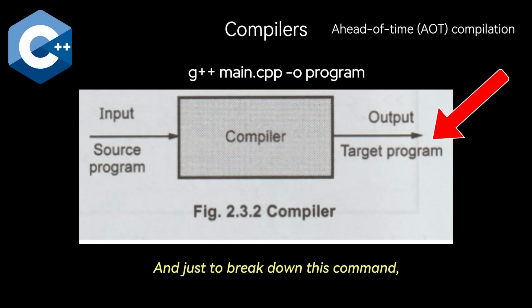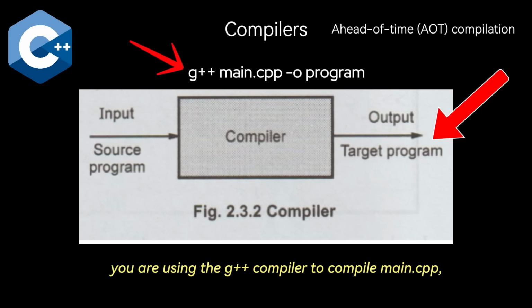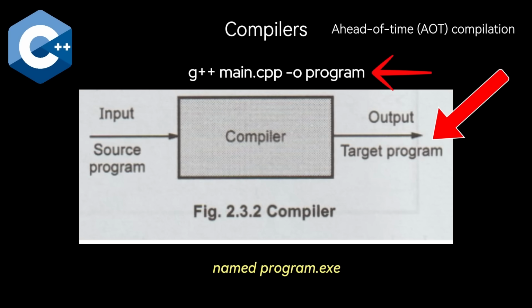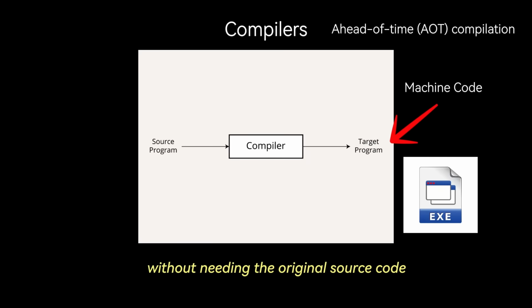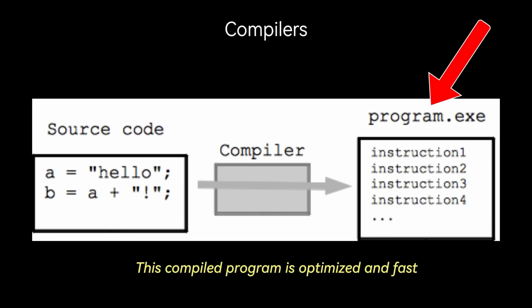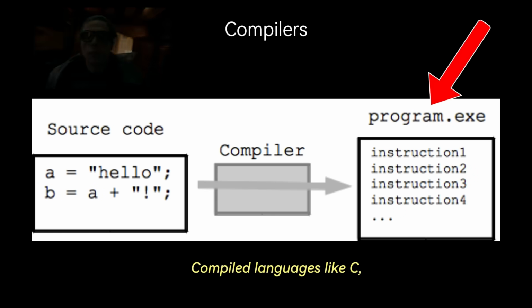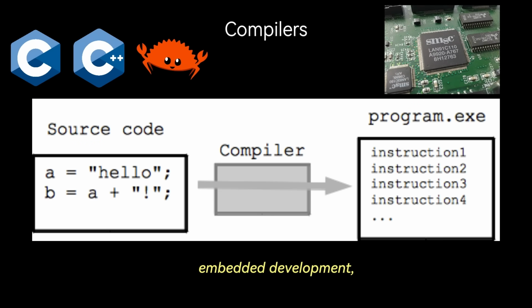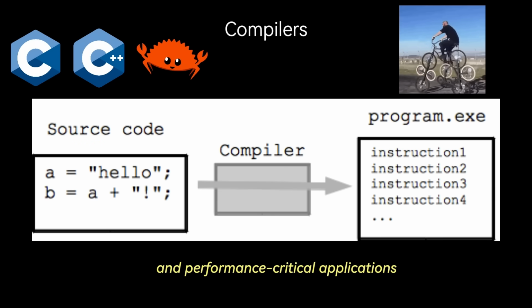And just to break down this command, you are using the g++ compiler to compile main.cpp, and you're outputting the result as an executable named program.exe. You can run it directly without needing the original source code or a runtime interpreter. This compiled program is optimized and fast. Compiled languages like C, C++, and Rust are popular for system-level programming, embedded development, and performance-critical applications.